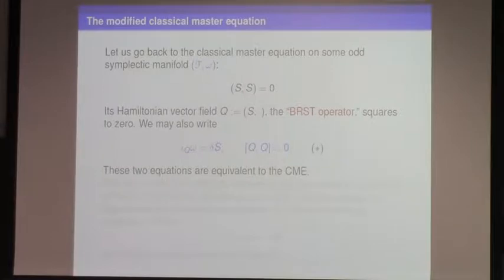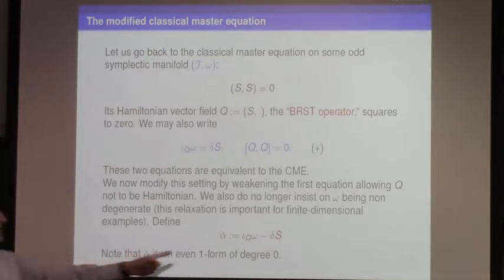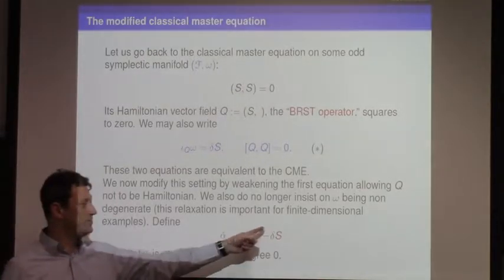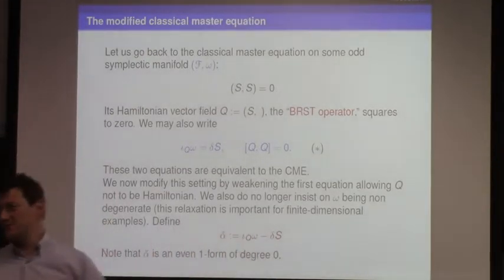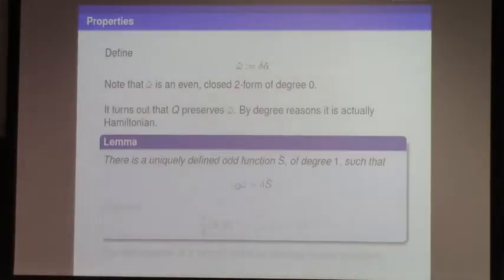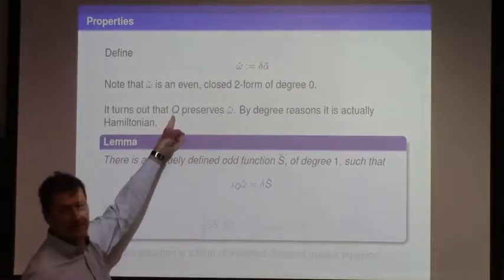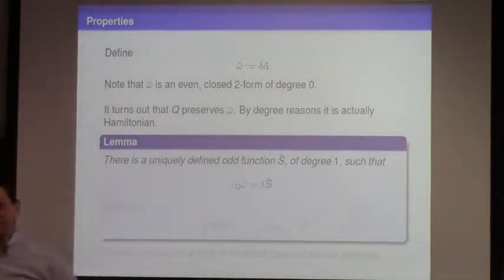So I just studied from a simple algebraic point of view what happens if this equation is broken. You define an odd one form of degree 0, which measures the failure of this equation, and applying a little bit of Cartan calculus, it turns out that the associated two form, the differential of this one form, this even two form of degree 0, is invariant under Q, and in particular it's even Hamiltonian.